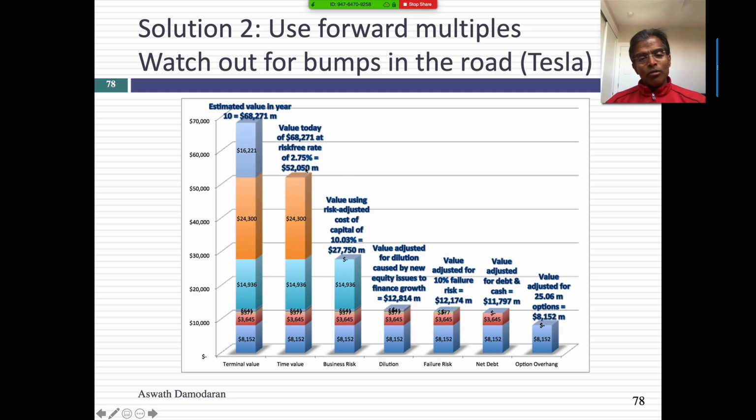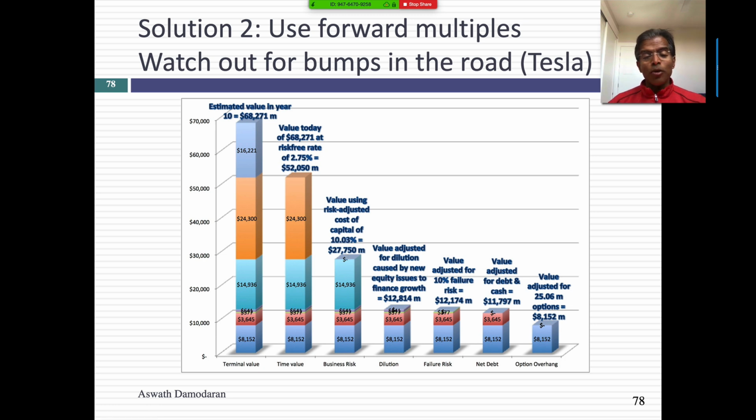Just the time value of that at the risk-free rate, which was 2.75% then, lowers the 68 billion to 52 billion. So that's just discounting back at the risk-free rate. Discounting back at the extra premium because I'm a risky company lowers it further. So basically by discounting, time value of money alone will knock the value down from 68 to 28 billion.